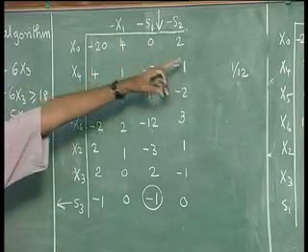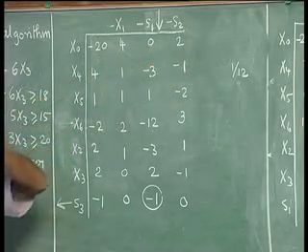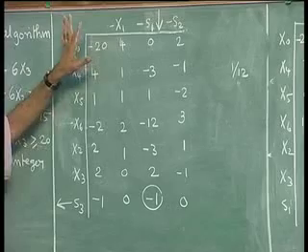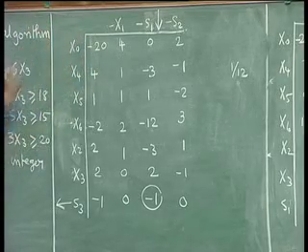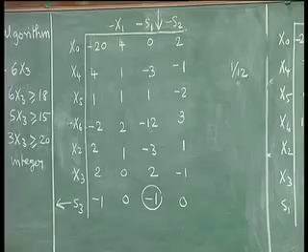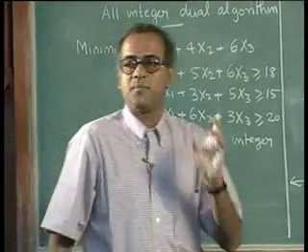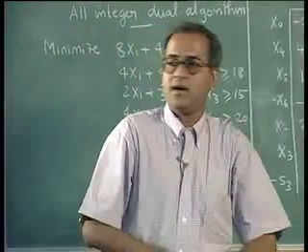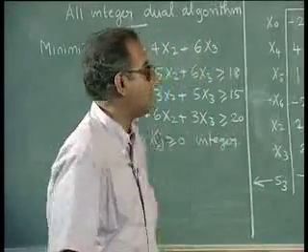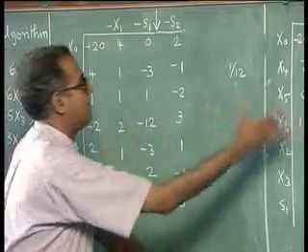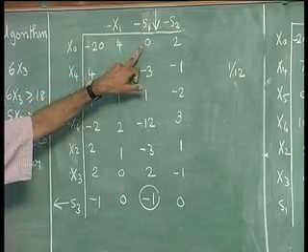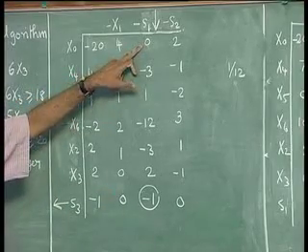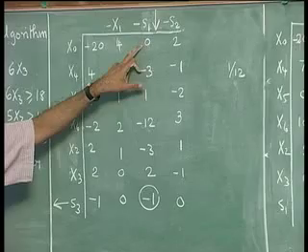The dual feasibility will be maintained and there will be an increase or reduction in this case of the objective function. The all integer dual algorithm also suffers from the same problems of degeneracy that the all integer primal algorithm suffers. For example, we did have a degenerate iteration that comes in when this entering one has a 0, then you get into a degenerate situation.